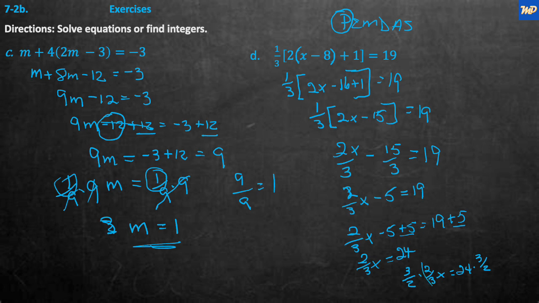Well, when you do that, these cancel, because 6 divided by 6 is 1. So x is equal to 24 divided by 2, which is 12, times 3 is 36. So I'll write it up here so it's easier. x is equal to 36. Okay?